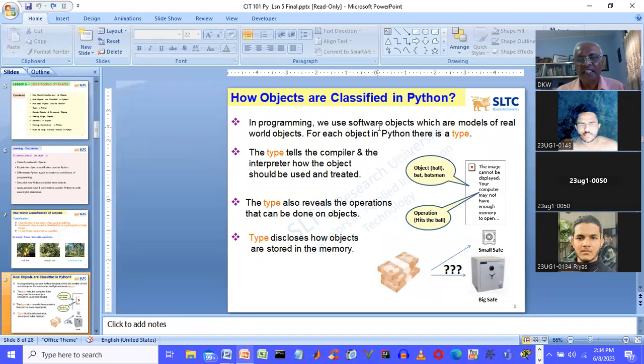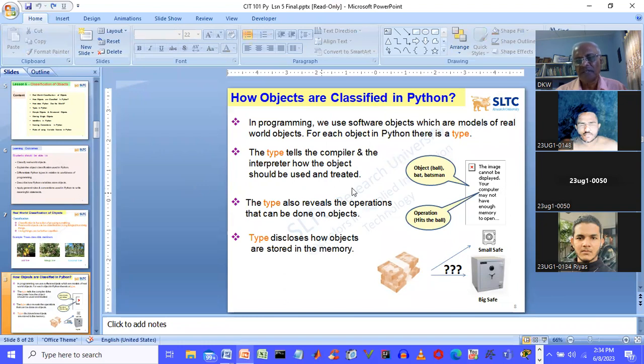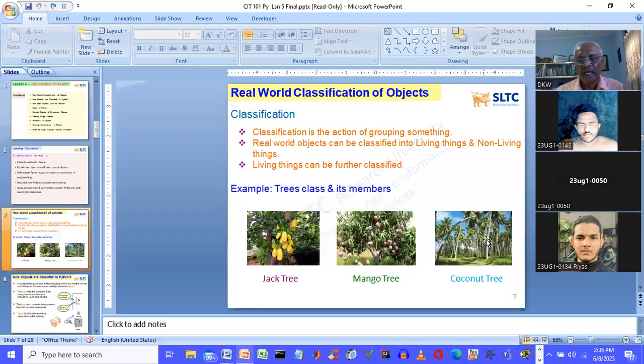So for interaction, we use a language. We call them high-level computer languages. Python is a high-level object-oriented computer language. Therefore, we cannot take the real world objects into the computer. For example, if I want to study or do something with this mango tree, can I take this mango tree and put it in the computer?